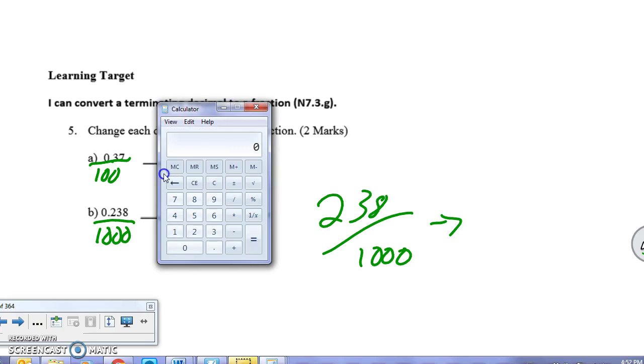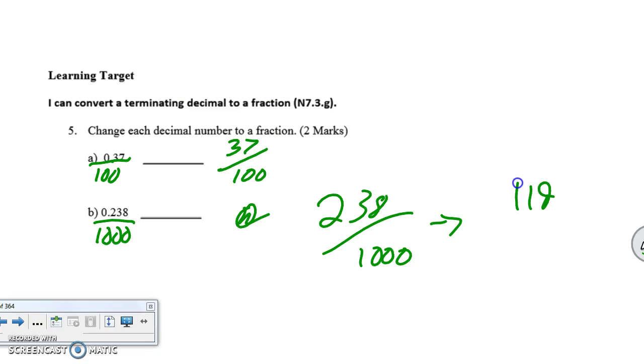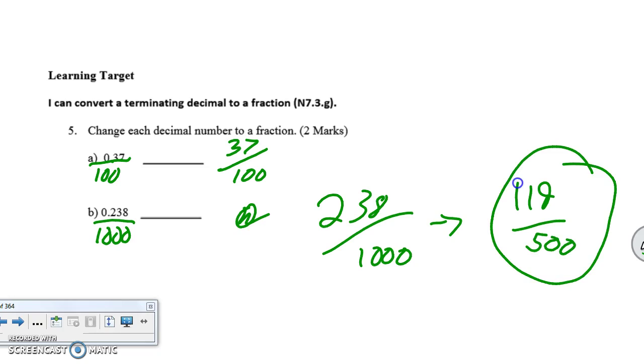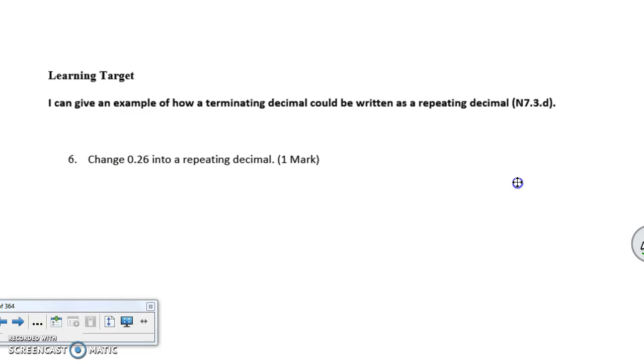So the easiest thing I'm going to do here is divide it by 2 to start off with. So I'll get 119 over 500, and I know that I have no common denominator, so I could have simplified it to that. Give yourself a mark out of 2.